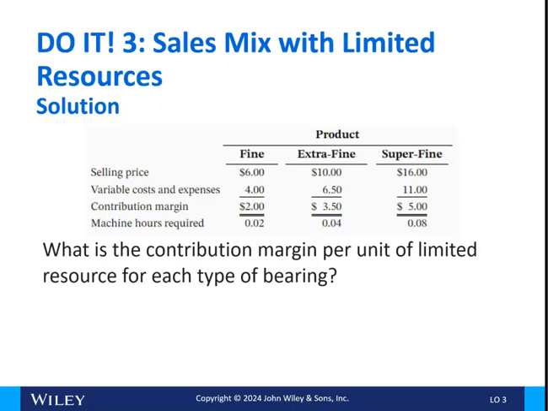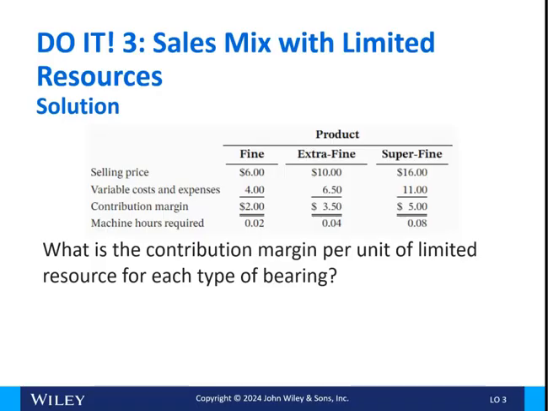So the first question is, what is the contribution margin per unit of limited resource for each type of bearing? So remember, it's a unit contribution margin divided by the limited resource consumed per unit. So what we're taking is the machine hours.